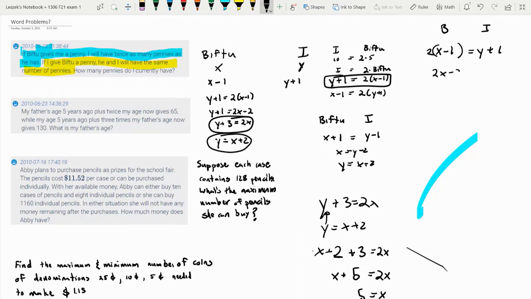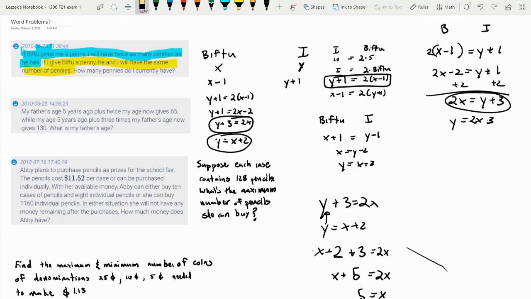Then you distribute, and I think I just added 2 to both sides. I don't know why I did that. So you're left with 2x on the left side, but you have 1 plus 2, or 3, on the right side. I'm not sure why I wrote it that way. I should have maybe written this as y is equal to 2x minus 3. Okay, good.